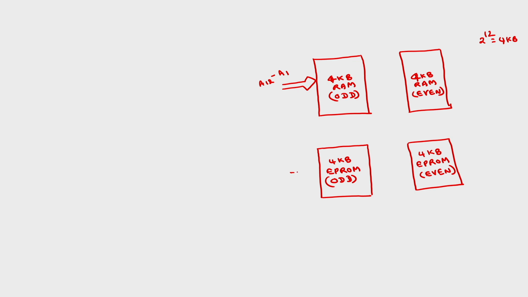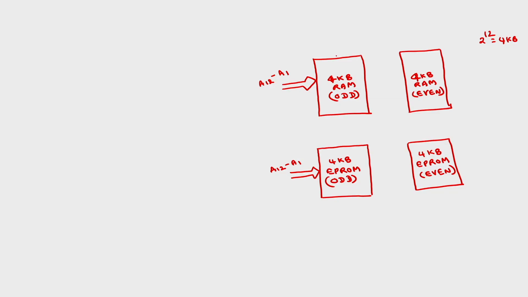Similarly, here also we will have A12 to A1. The reason A0 is not used is that A0 is used to select the banks. For the even bank, A0 is always 0. So we will use A0 to select the banks, to find the chip selects of these. Let us call them chip select 1 bar, chip select 2 bar, chip select 3 bar, chip select 4 bar.